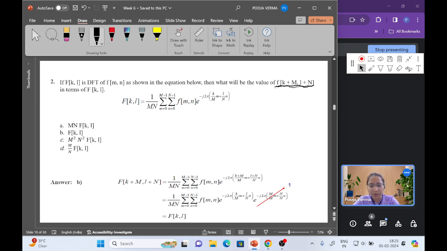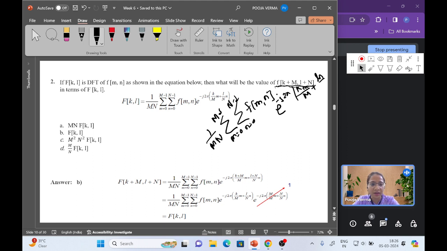If we evaluate F of k plus M, l plus N, then it is 1 by MN, m varies 0 to M minus 1, n varies 0 to N minus 1, f of m, n e to the power minus j 2 pi in brackets (k plus M) m divided by M plus (l plus N) n divided by N. We can write it like this: k m divided by M plus l n divided by N.